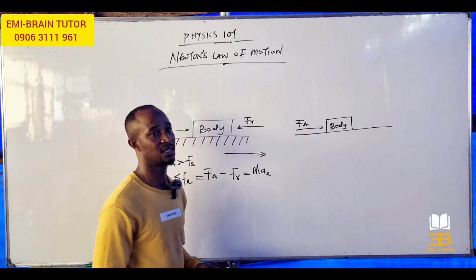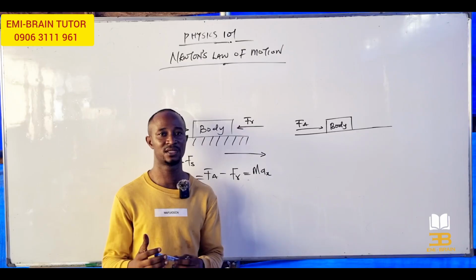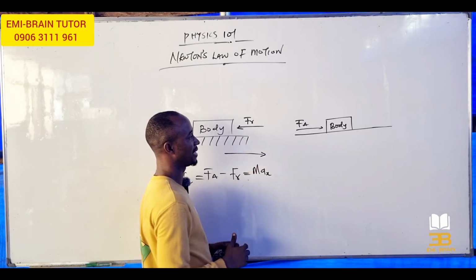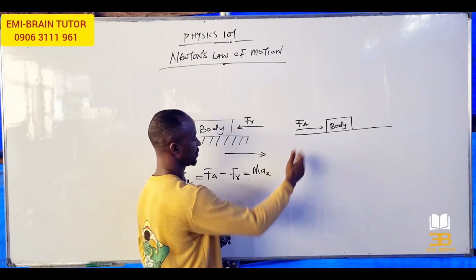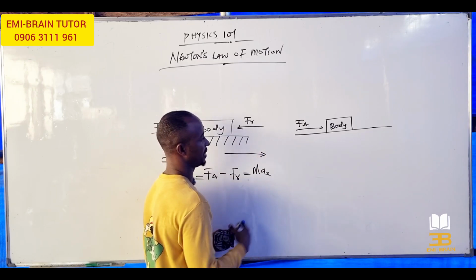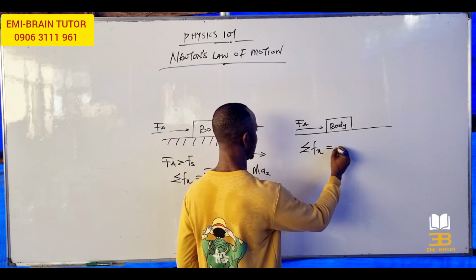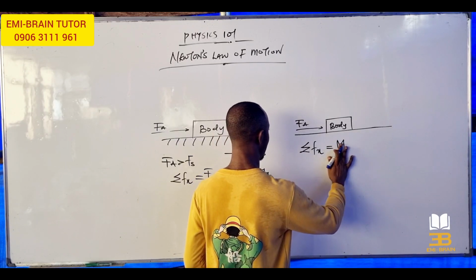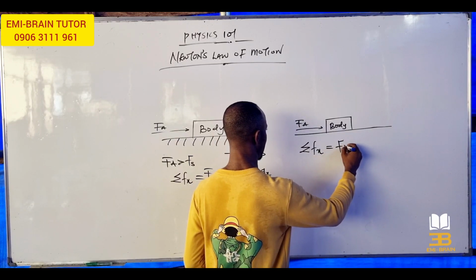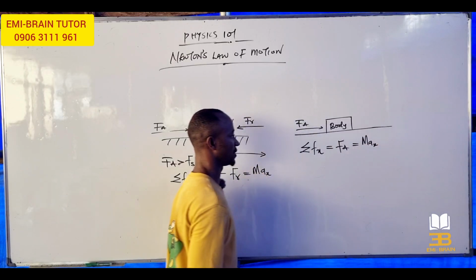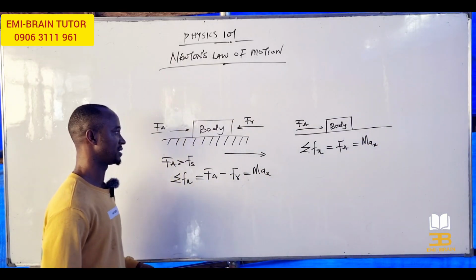On a smooth surface, we are saying that frictional force is negligible. So the only force that acts on this body for it to change position is the applied force. So the sum of all the forces acting on this body is simply equal to the applied force, which equals mass times acceleration along the horizontal axis.